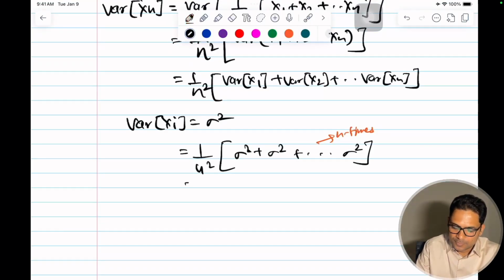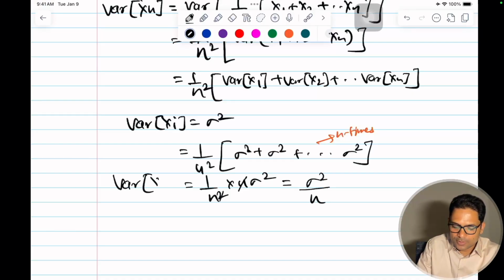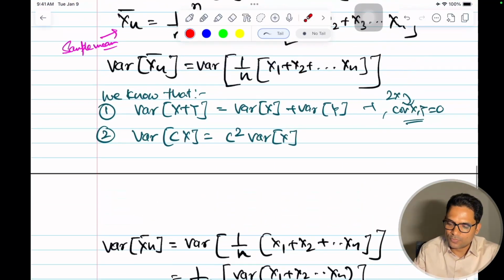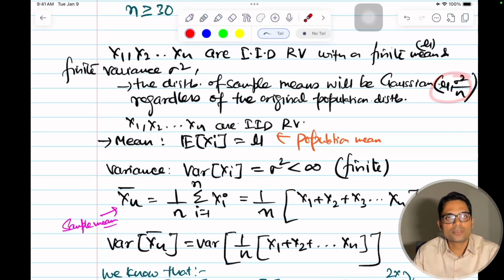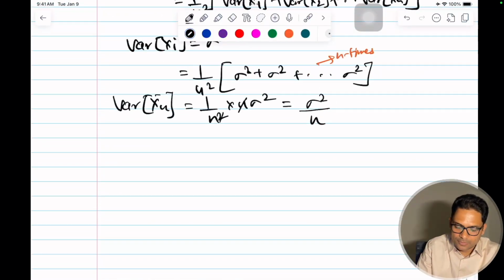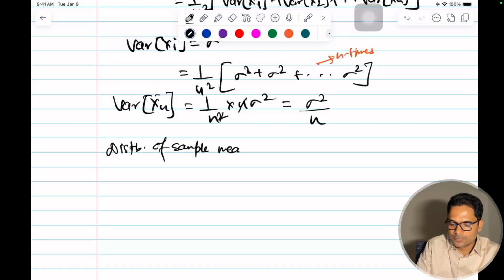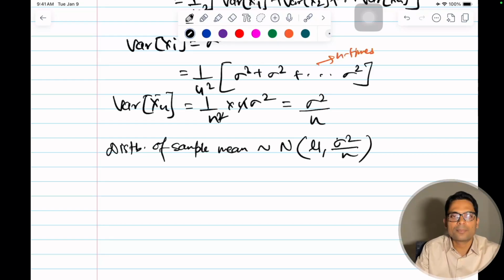Next, we can write this as 1 by n square into n times sigma square, because this is n times, this n square goes. So this will be equal to sigma square by n. So variance of sample mean is equal to sigma square by n, and that's what we proved here. This is the Gaussian. So the final distribution of sample mean will be a Gaussian with mu and sigma square by n.